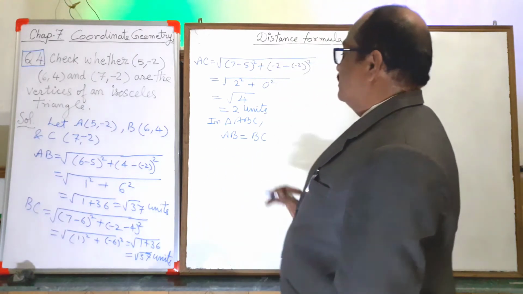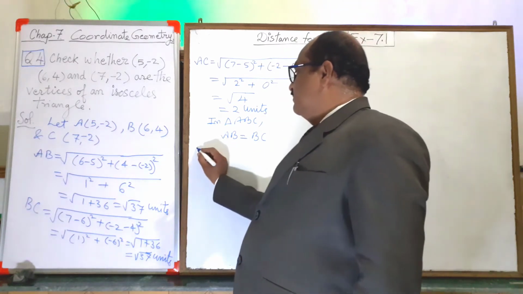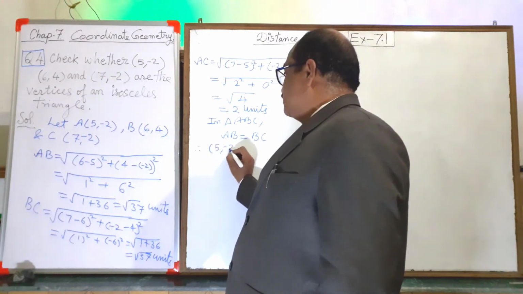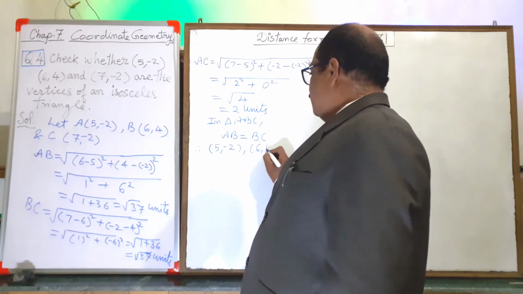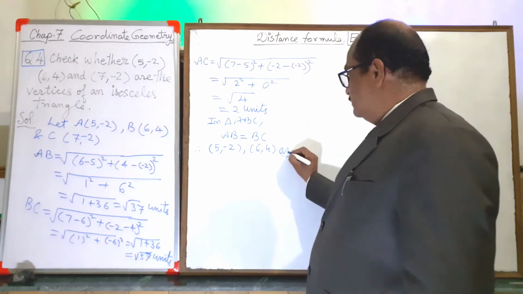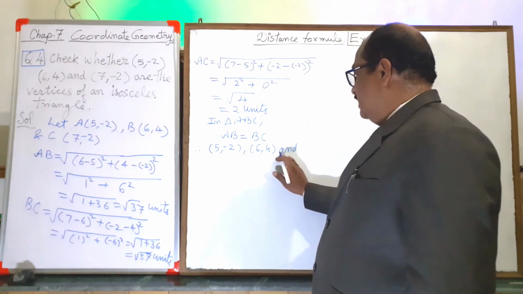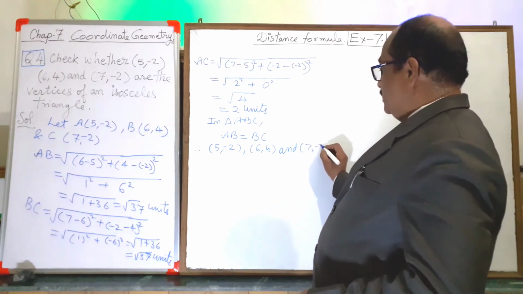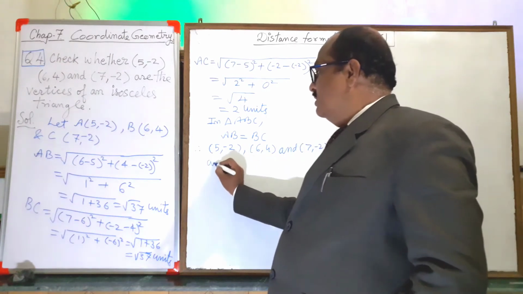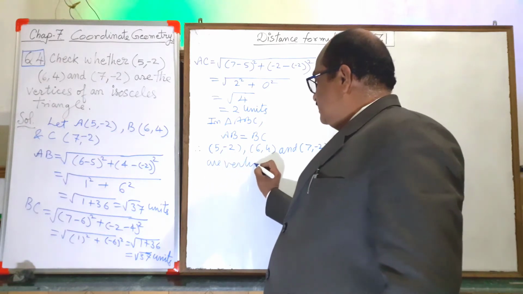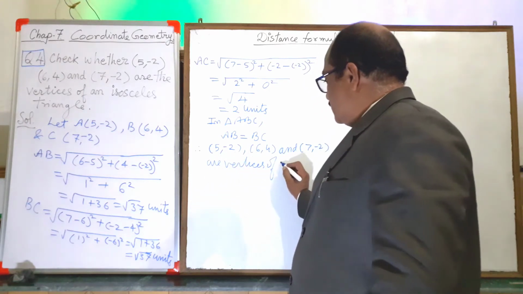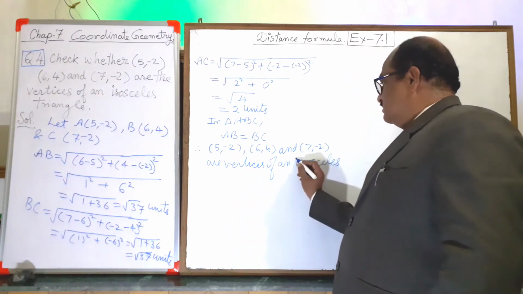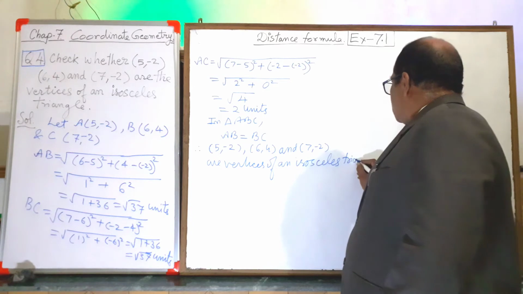These two sides are coming equal, therefore (5, -2), (6, 4) and (7, -2) are vertices of an isosceles triangle.